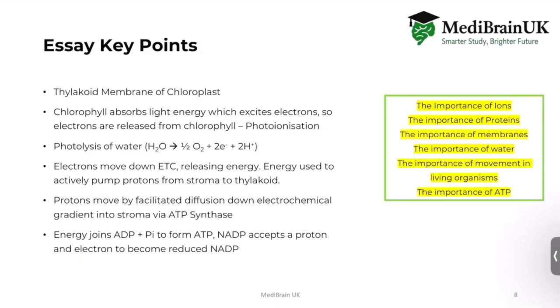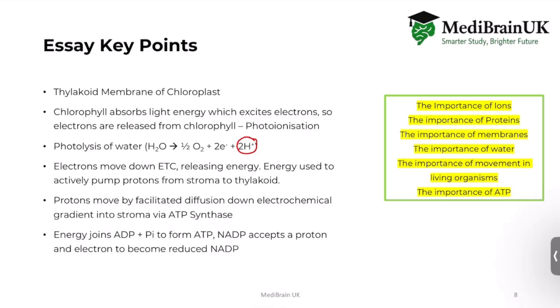But if we have a look at this topic of the light dependent reaction, let's talk about the importance of ions. As you can see, we've got hydrogen ions, which means that we can talk about this topic. The importance of proteins: we've got proteins which are embedded in the chloroplast membrane. Okay, we've also got ATP synthase, which is an enzyme, which is also a protein. So we can talk about the importance of proteins, the importance of membranes.